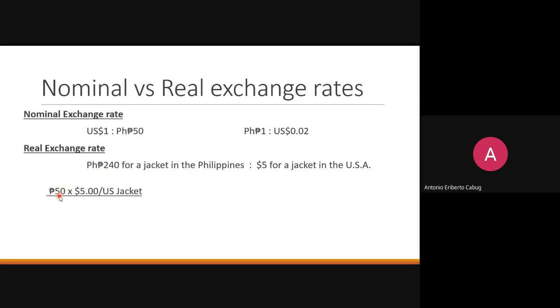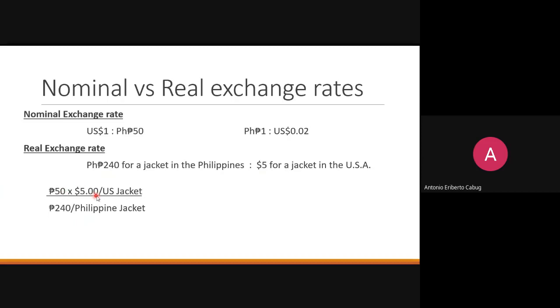Multiply 50 pesos per $1 by $5, which is the cost of the US jacket. Divide it by the 240 pesos per Philippine jacket. I repeat, multiply 50 pesos by the $5, which is the cost of the US jacket, and then divide it by the price of that same jacket in the Philippines this time, which is 240.